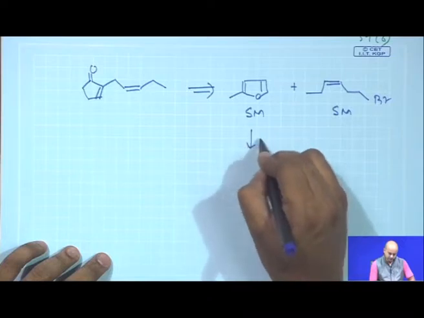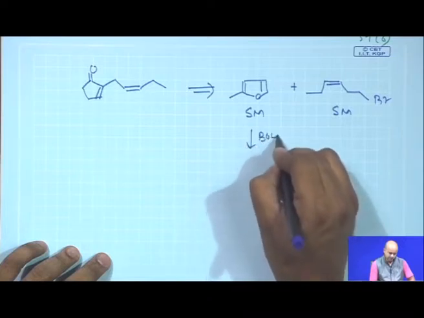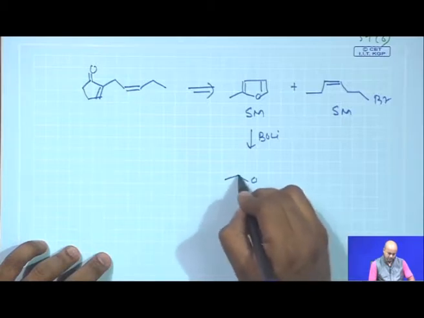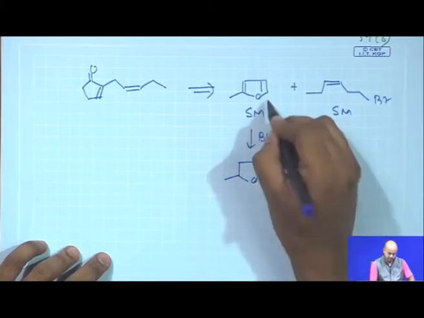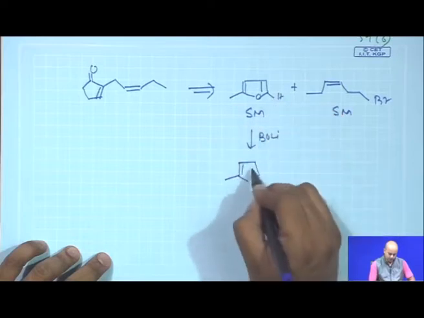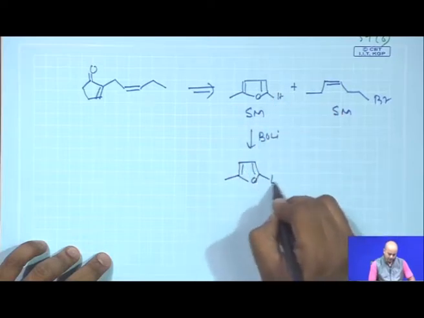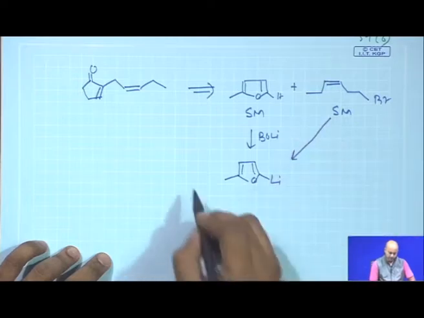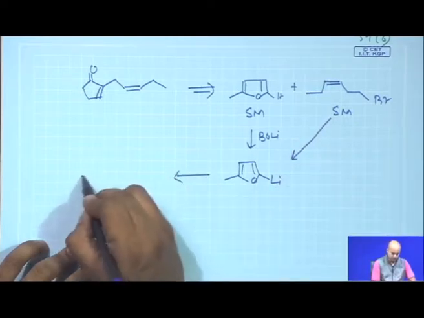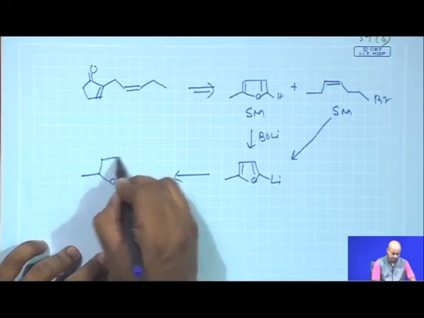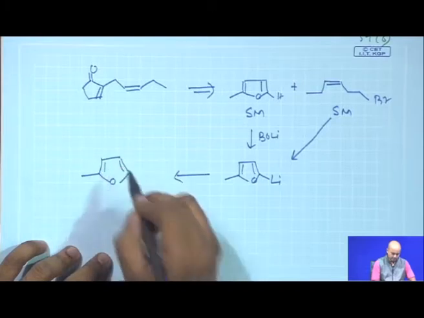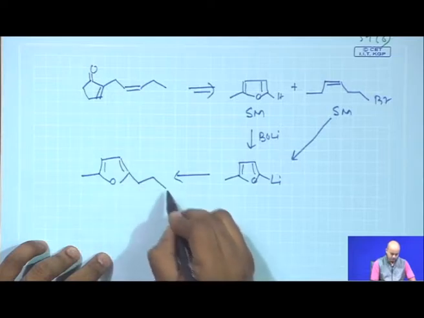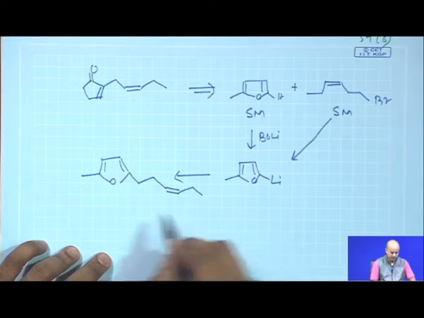Now, this starting material, if you react with butyl lithium, the furan's acidic hydrogen is first removed and gives a lithiated species. Now, this lithiated species and this one react to give you a CH2, CH2, CH2 double bond, these things.